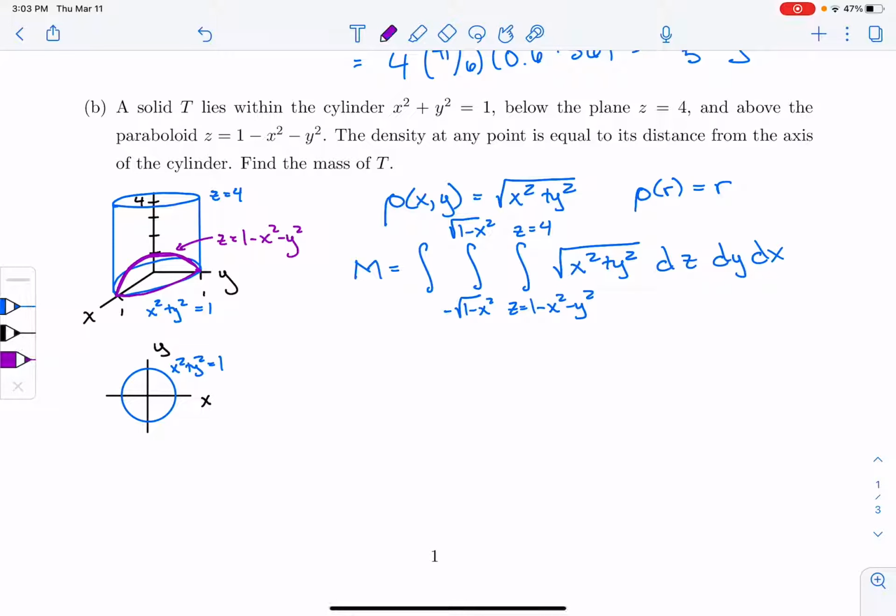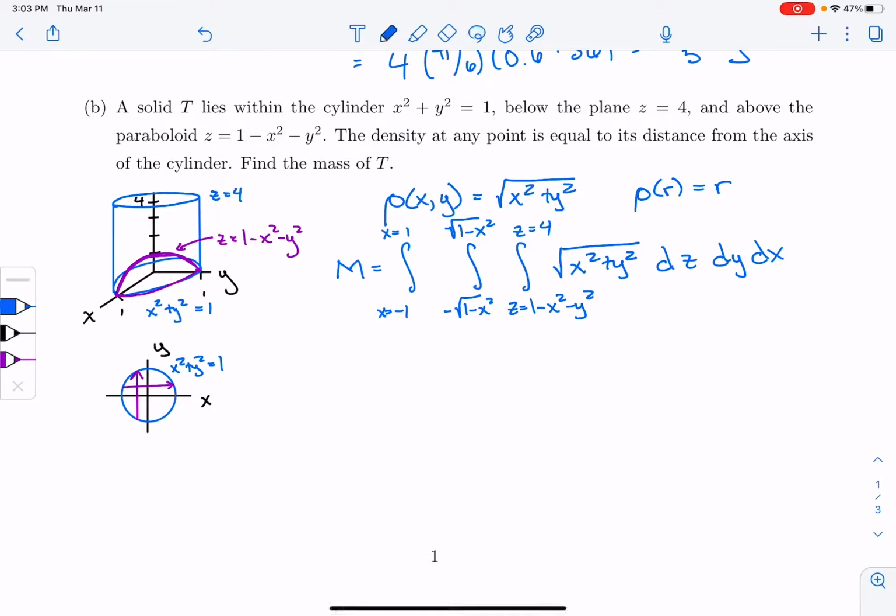So that's integrating from the bottom to the top first in y. And then we can integrate across in x, and that would be from minus 1 to 1. And hopefully what you're seeing is something that's quite complex to deal with in rectangular coordinates.